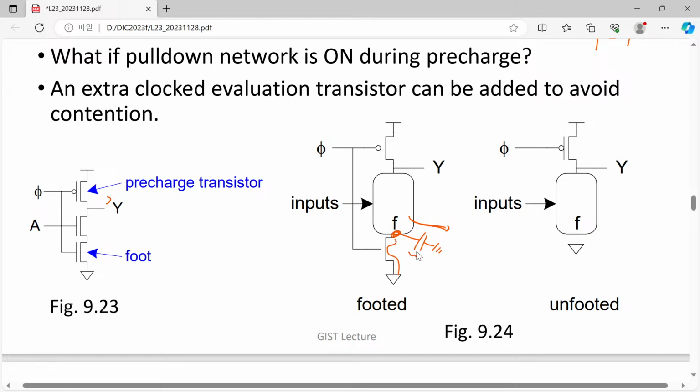This capacitance is just considered as a place for storing charge. So simply speaking, but still it is true.